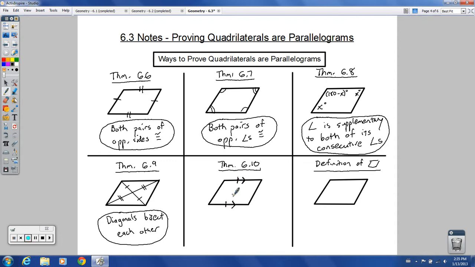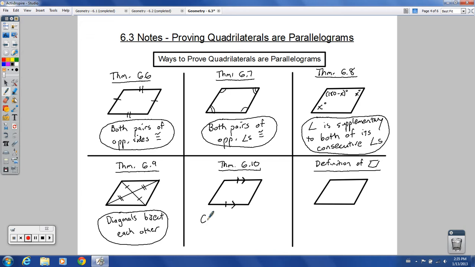You can prove that it's true, and they actually do prove it's true. Looking in your book, they do prove it on page 340. If you really want to check that out, example 3 on page 340 is an actual proof of why it works out. But we're just going to take it and use it for our sake.